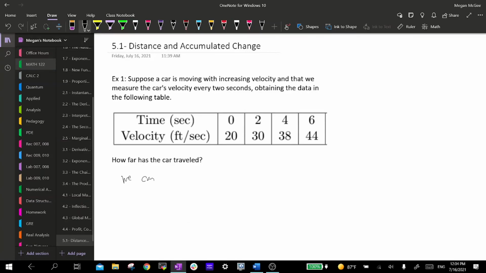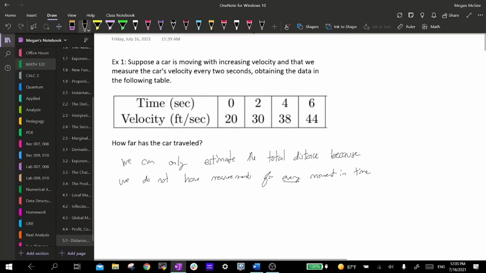So we can only estimate the total distance because we do not have measurements for every moment in time. We would have to know how fast the car was going for every single moment in order to calculate this exactly. However, we can do an estimation.